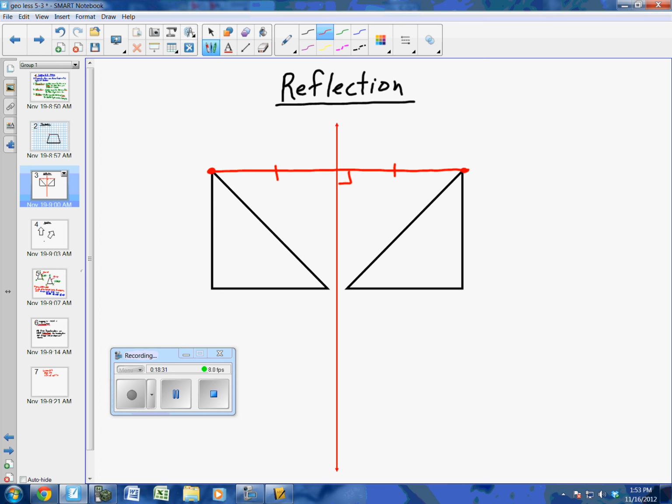We could do the same with any point on here. You choose a point, and wherever it is, that makes a 90-degree angle right there, okay? And so that would be a reflection.